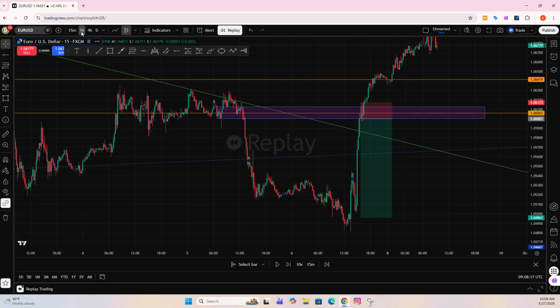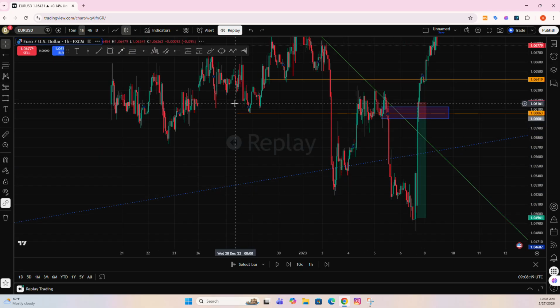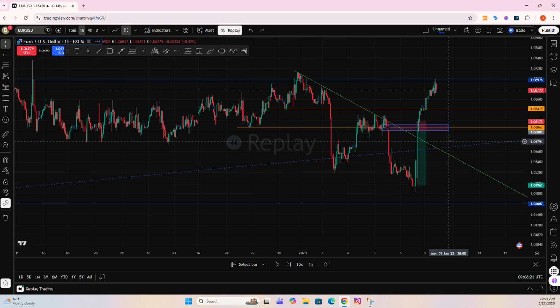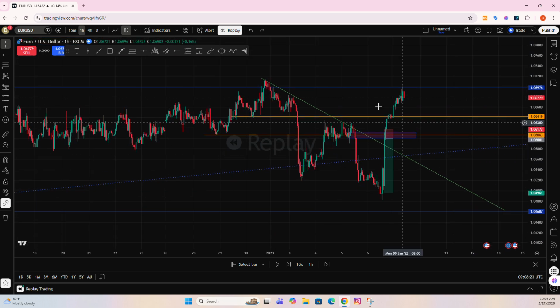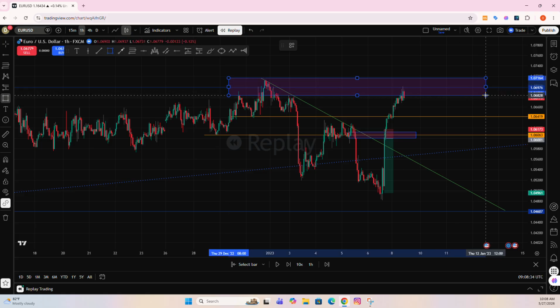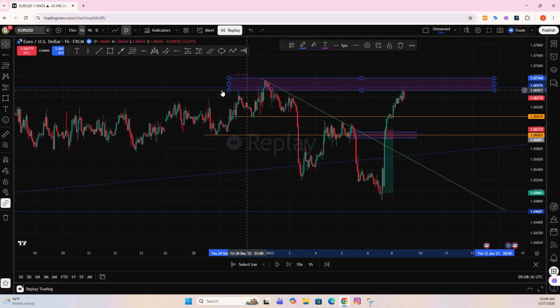So let's go to 1 hour and see what is going on in the 1 hour time frame. So yeah, this is our blue line. Our blue line has been mitigated, that is from our top down analysis. So this part might be playing a very vital role.